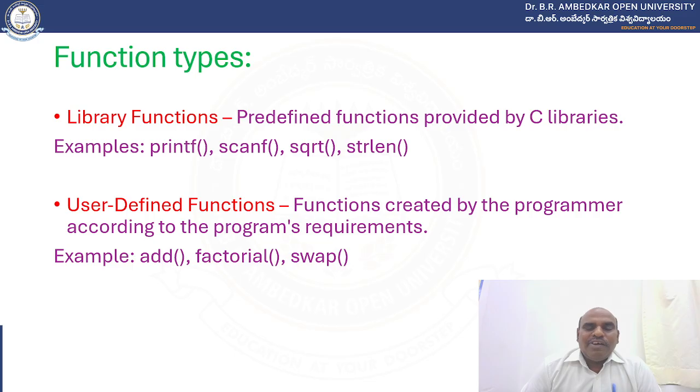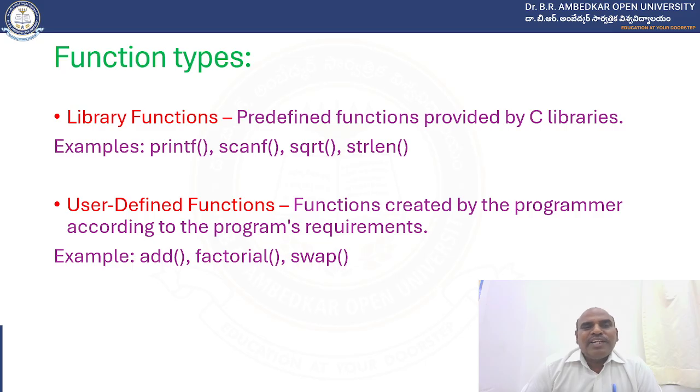These are all available in stdio.h. Like this, sqrt, as I mentioned in this slide, is square root, which is mathematical, so mathematical functions are available in the header file math.h. Using sqrt we can get the square root of any given number.